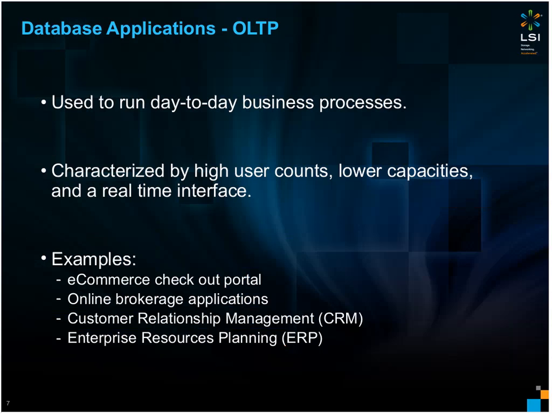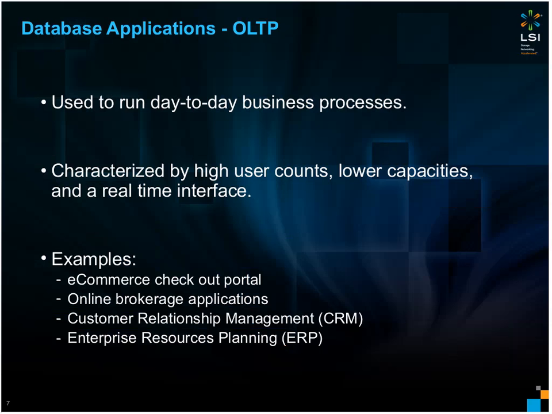I'm going to talk about basically two different ends of the database workflow. The front end, or OLTP, online transaction processing, think of Amazon e-commerce checkout portals, online brokerage applications, call centers, and ERP planning. There's a lot of data, a lot of users. It's typically smaller data set sizes, but real-time interfaces, because you're entering these orders, this data in real time.